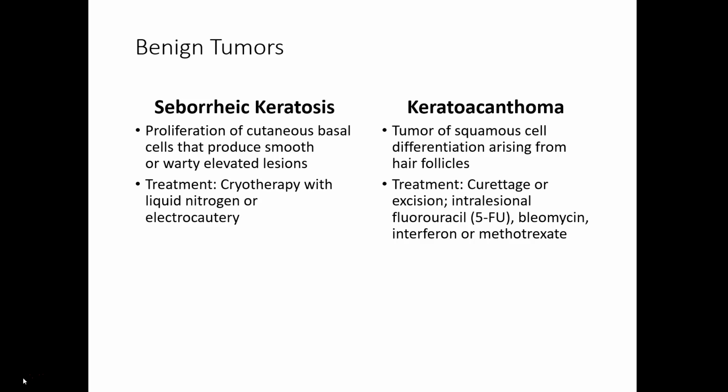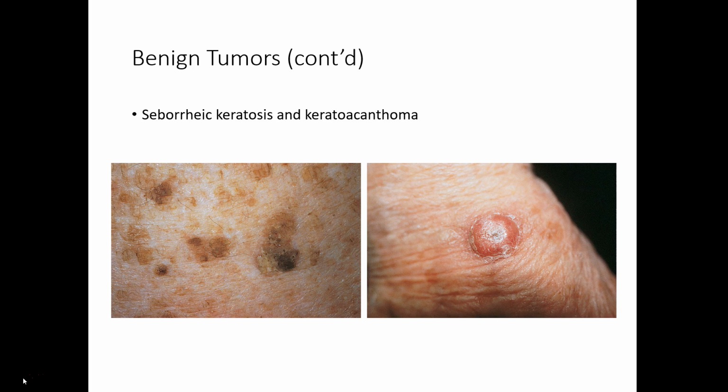The treatment is curettage or excision, sometimes also intralesional 5-FU, bleomycin, interferon, or methotrexate. So on the left is the seborrheic keratosis, whereas on the right is the keratoacanthoma.